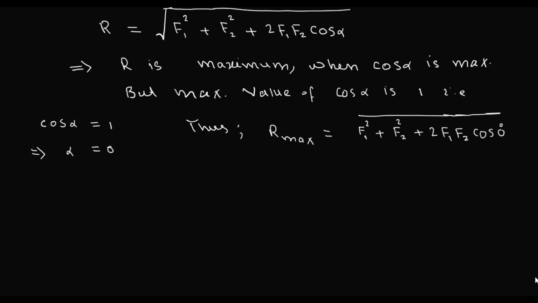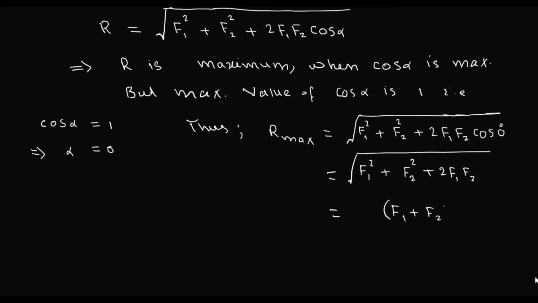Since cos 0 is 1, it will be equal to F1 square plus F2 square plus 2 F1 F2, and this will be equal to (F1 plus F2) whole square. Then the square and the square root will cancel out.